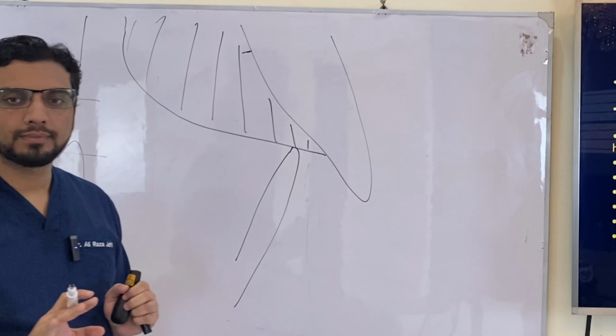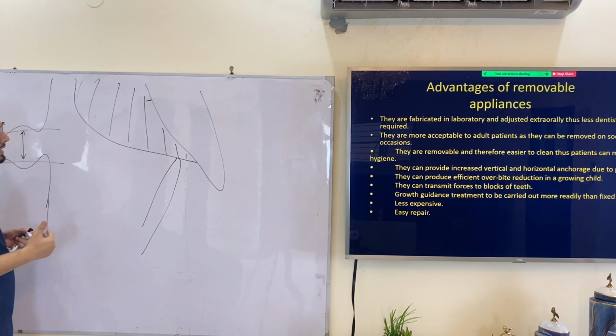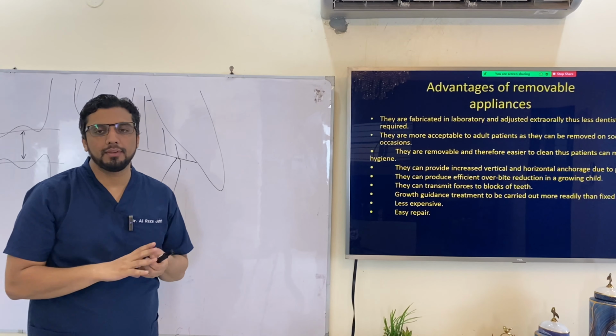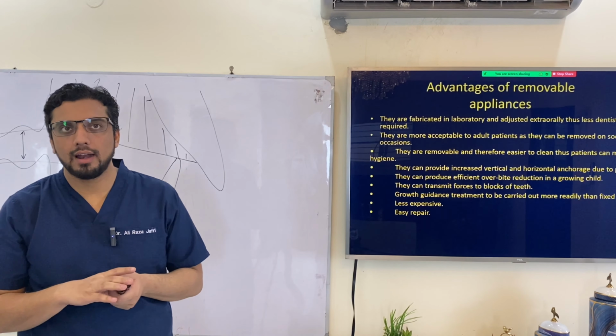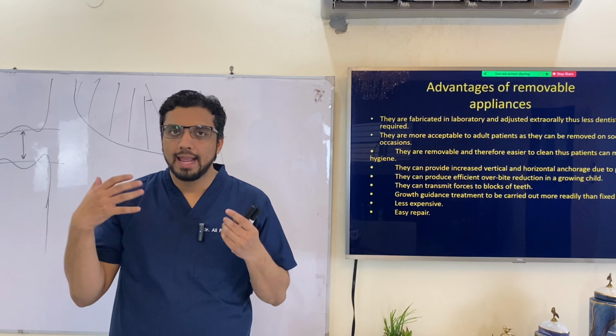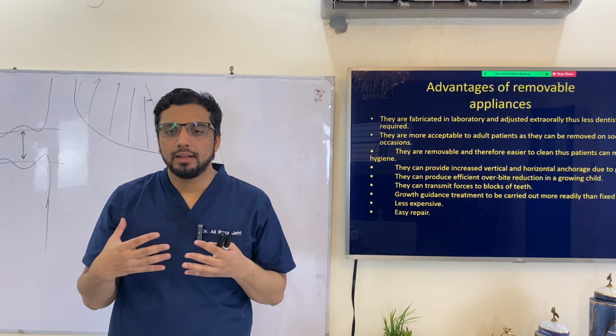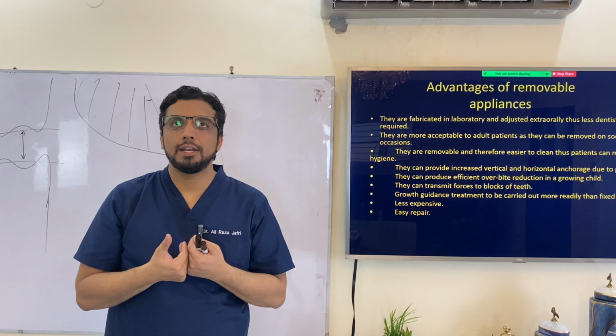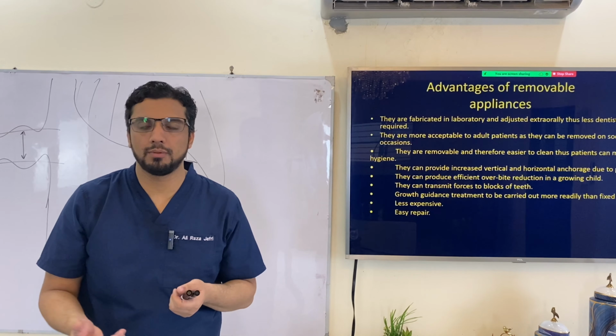Is this point clear? What we are talking about is that removable appliances are amazing appliances if we are dealing with children in which the vertical growth of the ramus is going on, and we all know that when the teeth are separated, they start supra-erupting in order to reach the occlusal plane.